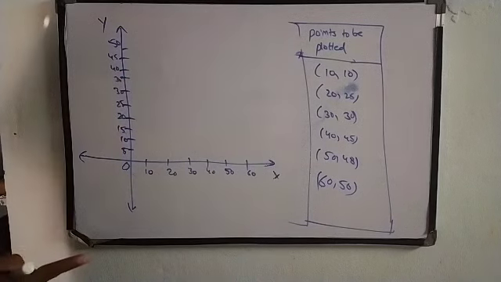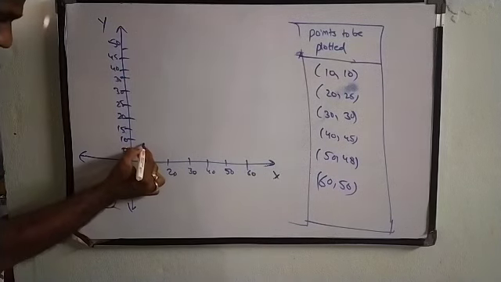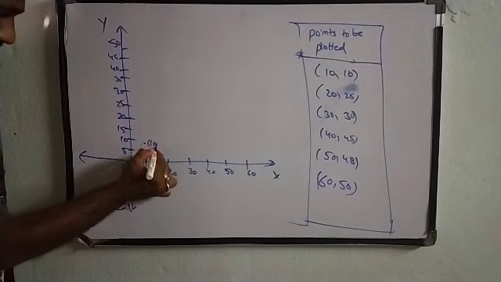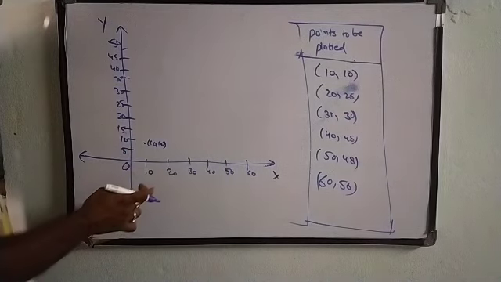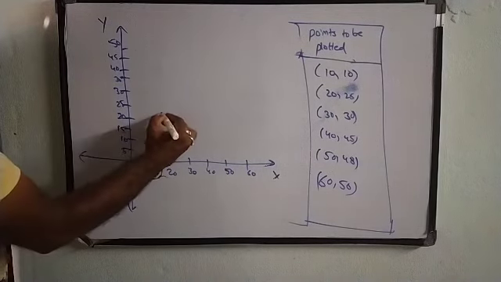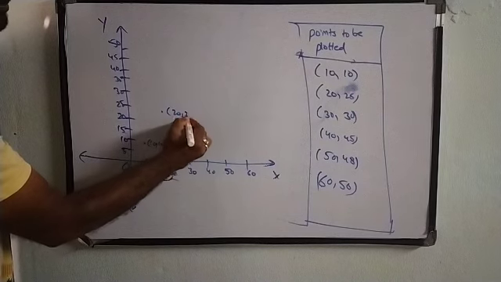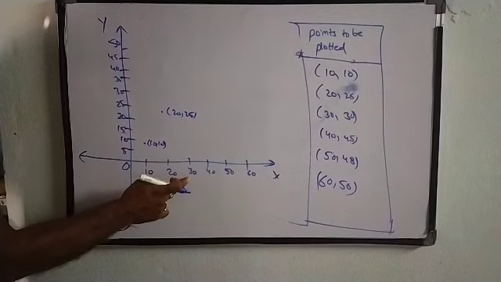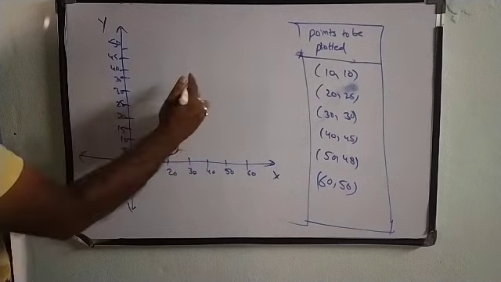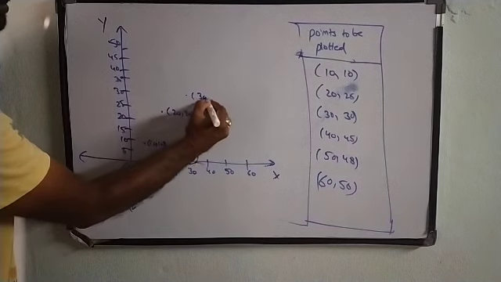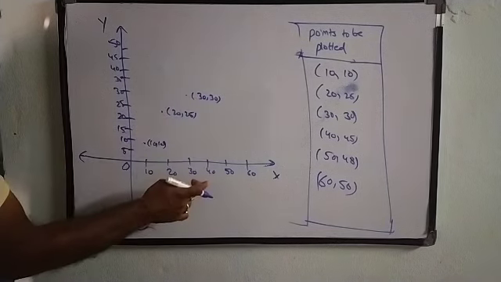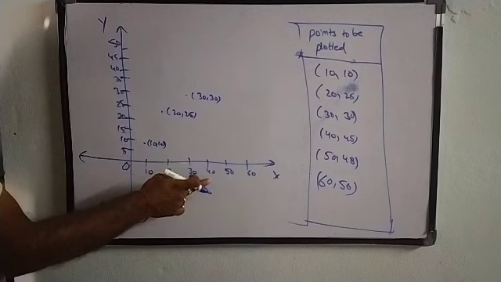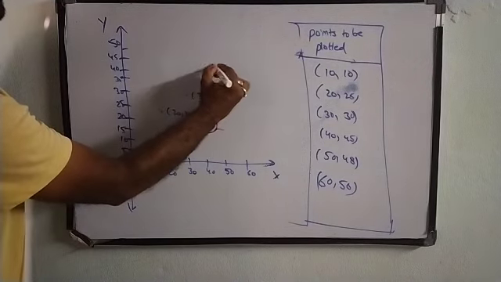So let us start plotting the points. 10 comma 10, here is the first point. Next 20 comma 25, here is the second point. Third point 30 comma 30. Next, fourth point 40 comma 45.